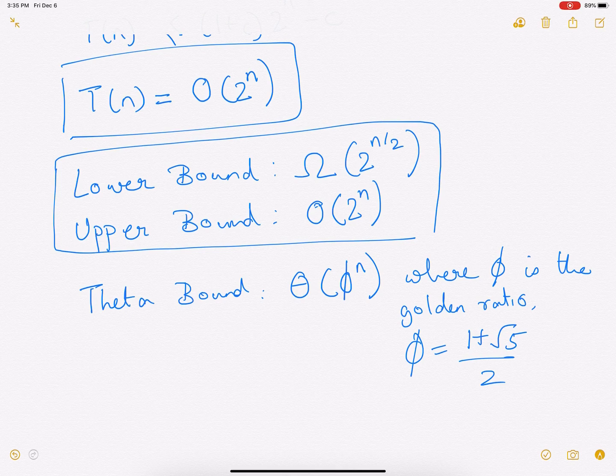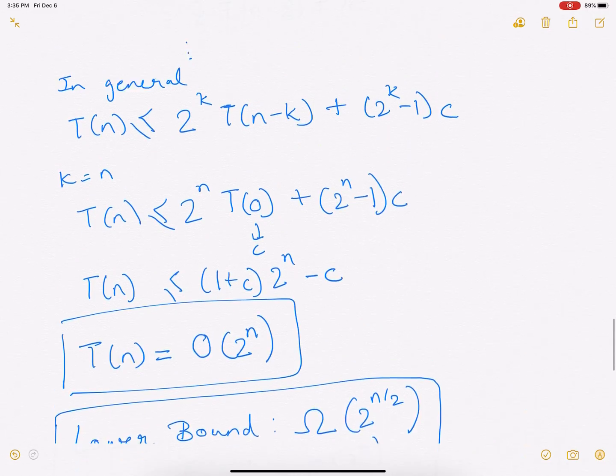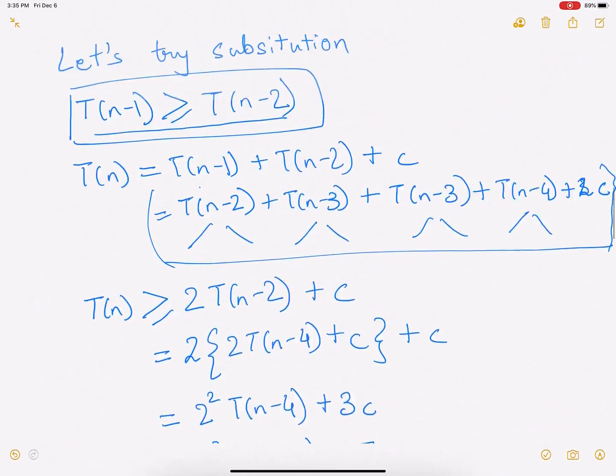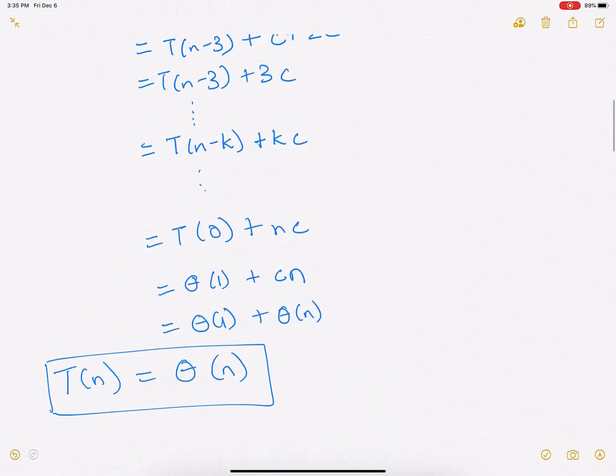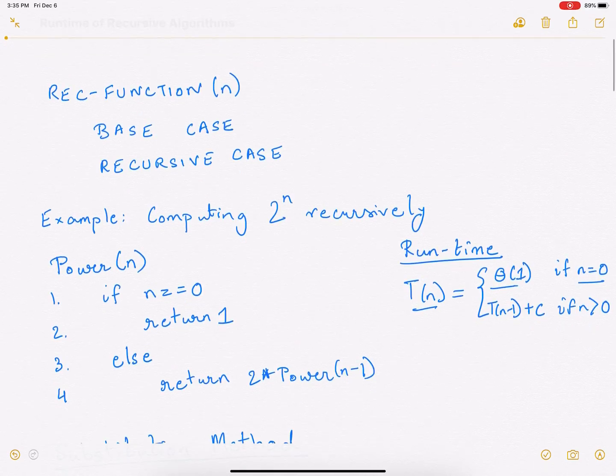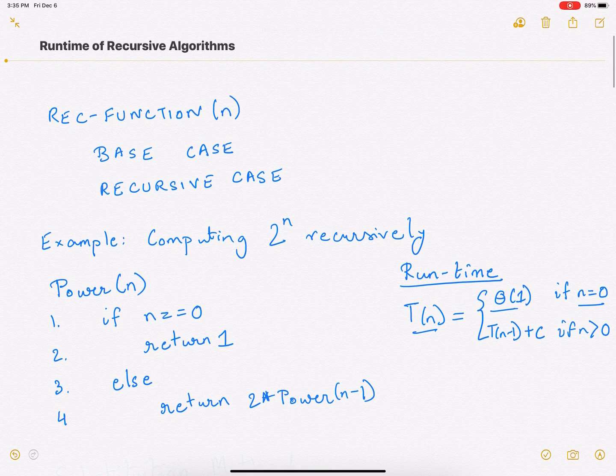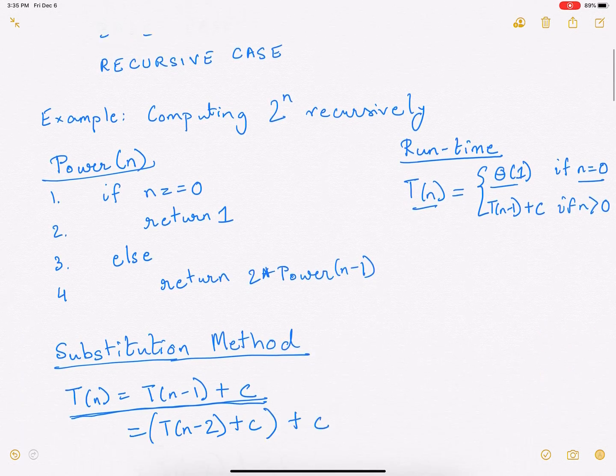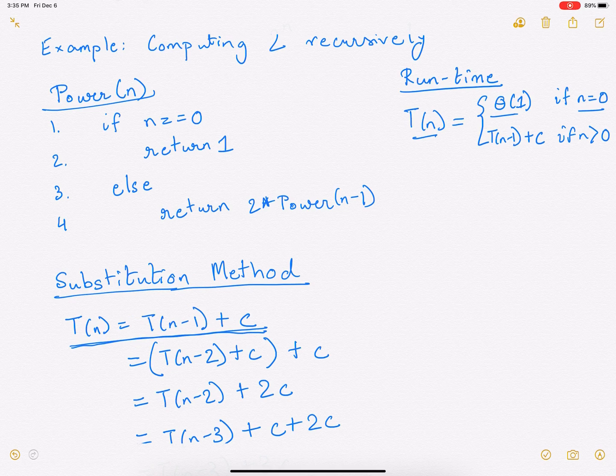So what did we study in this video? If we go back to the beginning of the video, we were trying to find out the runtime of recursive algorithms. So that's what we started. And then we first studied power of n. Now to study power of n, we studied the substitution method. And the substitution method works well when Tn is related to a single term on the other side, like Tn minus 1 or just Tn minus 2 or Tn minus 5, something like that.